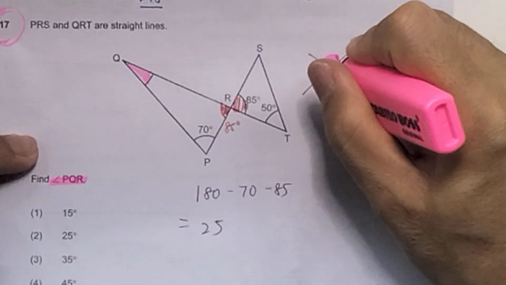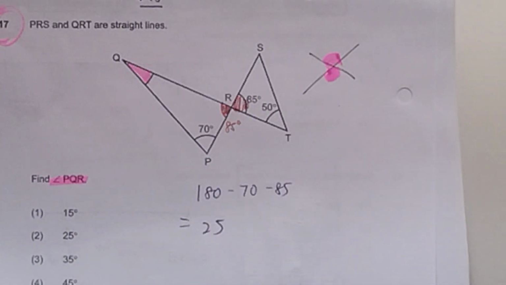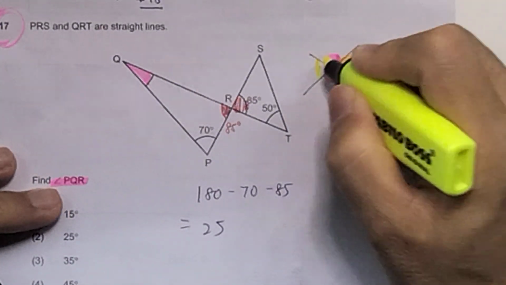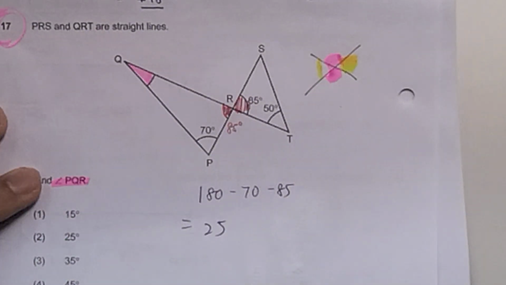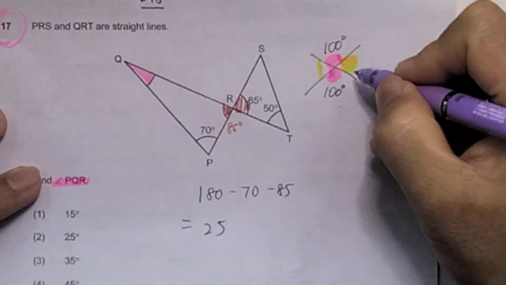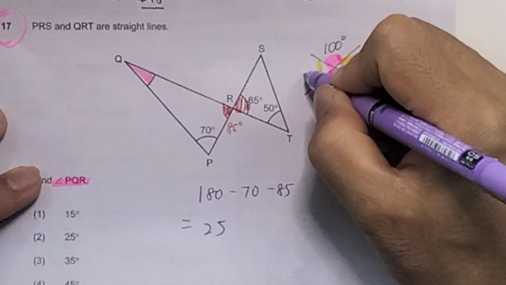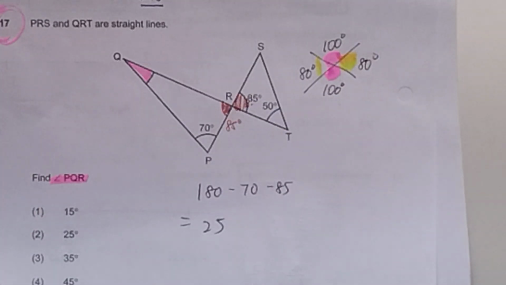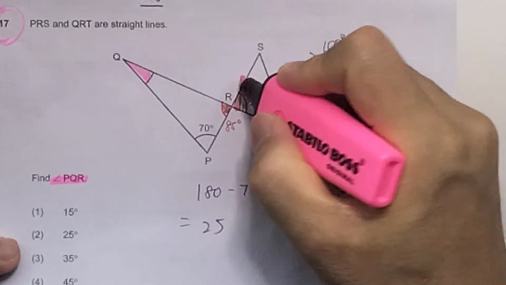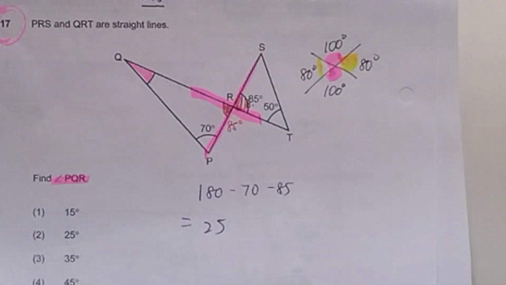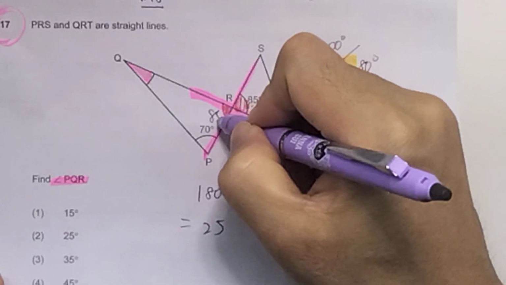So these red angles are equal in actual value, and these yellow angles are also the same. For example, if this is 100 degrees, this will be 100 degrees. If this side is 80 degrees, this will be 80 degrees. Therefore, if this is 85, being vertically opposite, this angle here is also 85 degrees.